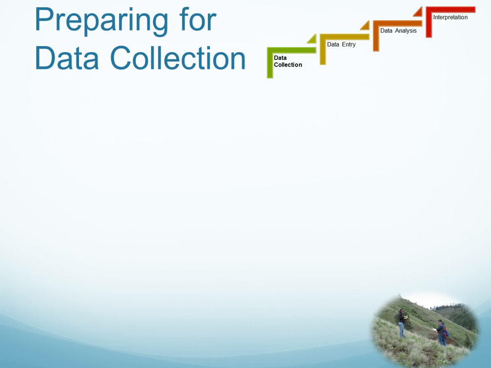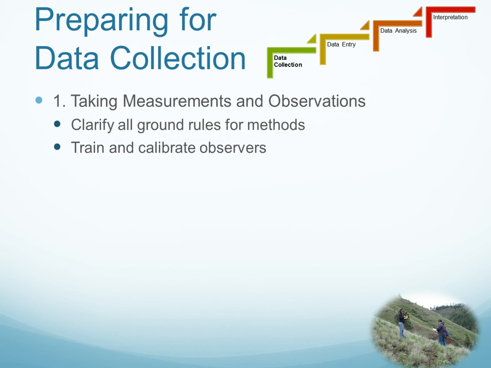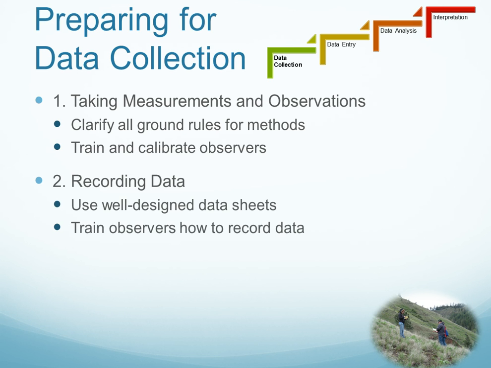Now, there are two major activities involved in data collection: collecting the measurements and the observations and recording them. First, when we are preparing to do this, we want to clarify all of the ground rules and all of the methodology for the people who are going to be taking measurements and observations. We want to make sure that we carefully train and calibrate our observers. Now, recording data actually involves training as well.